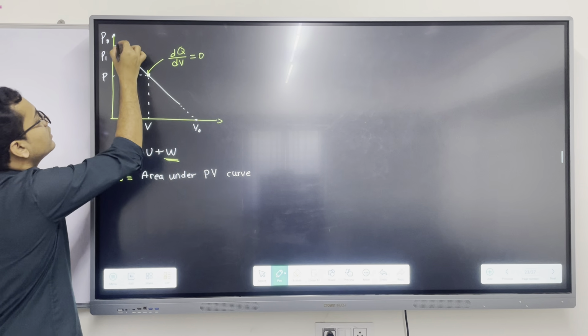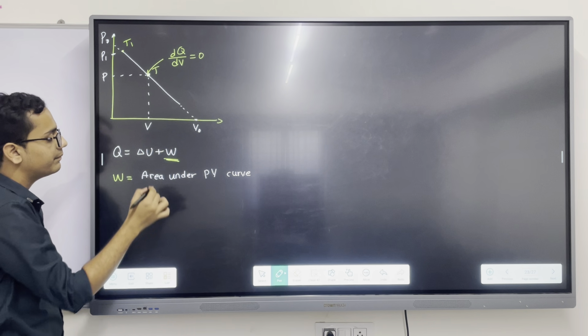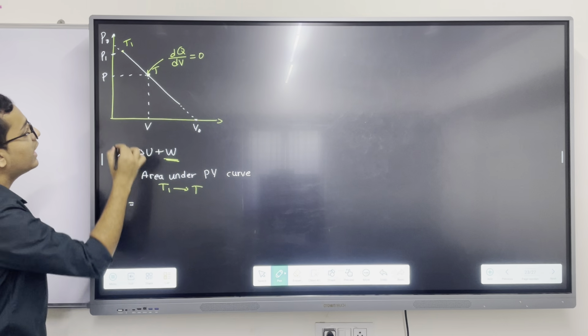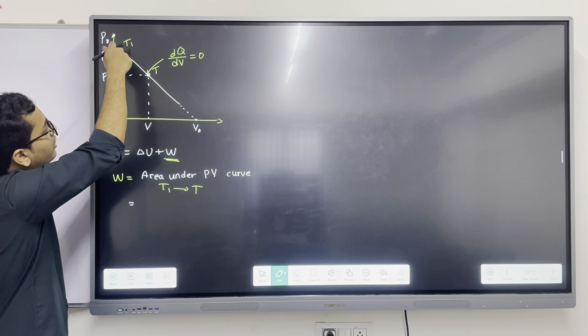From where to where? Let's say here temperature is T1, here temperature is T, so from T1 up to T. Can I say that area is basically a trapezoid?